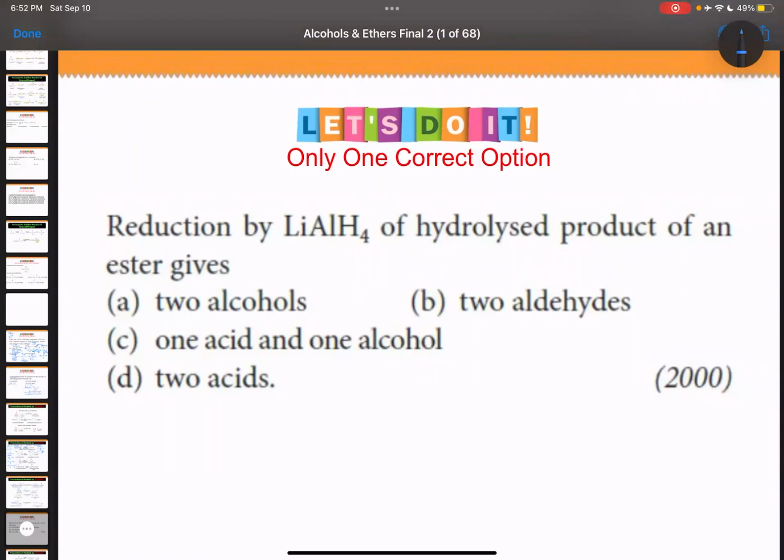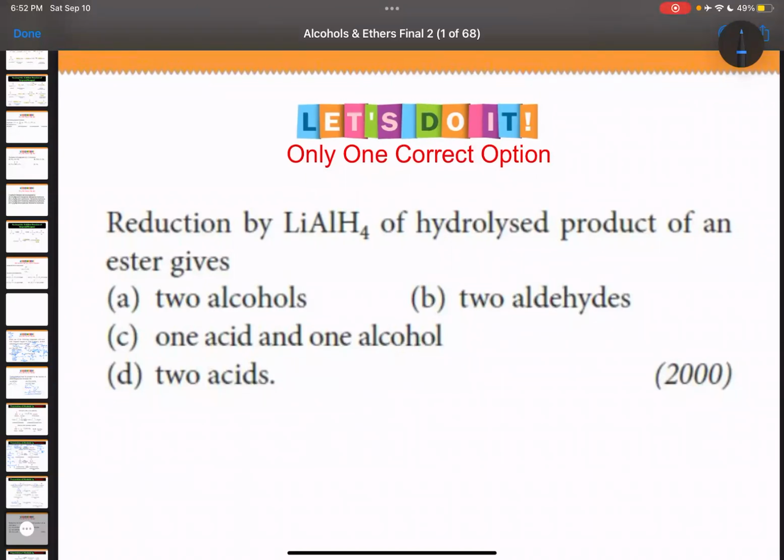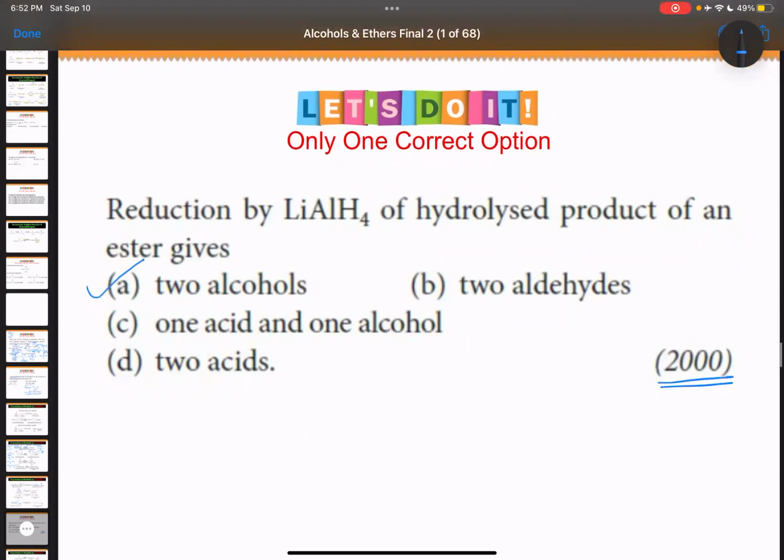Any idea? Reduction by LiAlH4 and hydrolysis? A, B, C, or D? A. Yeah, it is going to give you two alcohols. Correct. Very good.